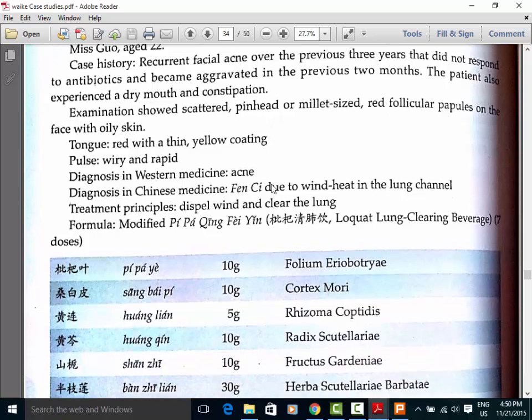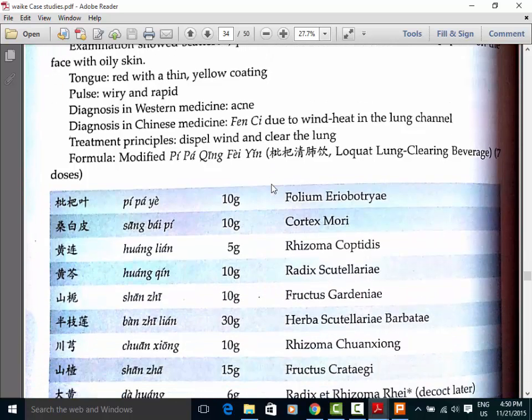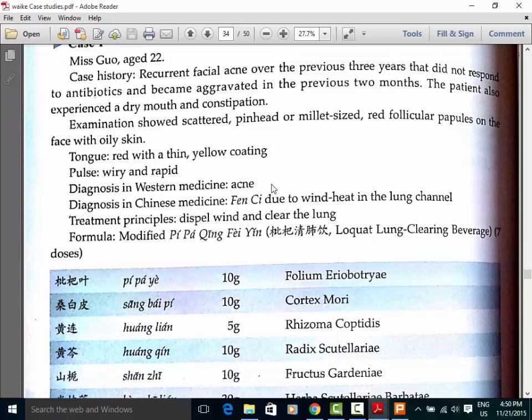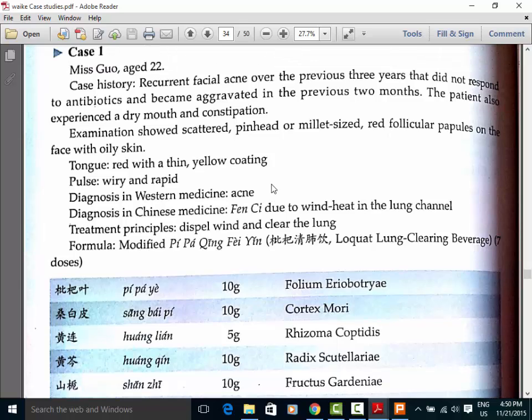All right, one more. It is 3 years, but recurrent recently, and the last 2 months has been aggravated. Tricky, right? And there is the constipation.